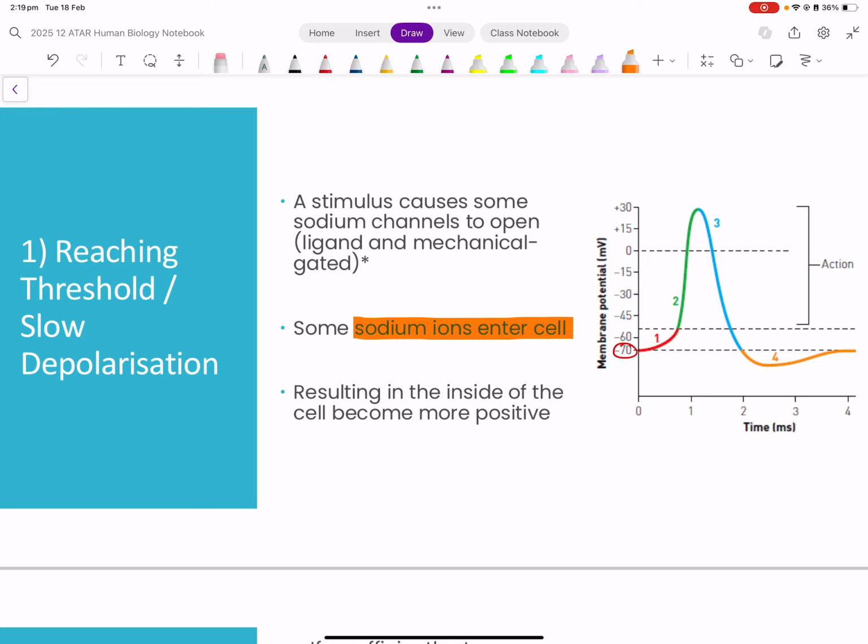As they move, they bring their positive charge, and that positive charge results in the inside of the cell becoming more positive. So, what does this mean? It means that this negative 70 is going to begin to increase. It increases, again, as more sodium ions enter the cell.